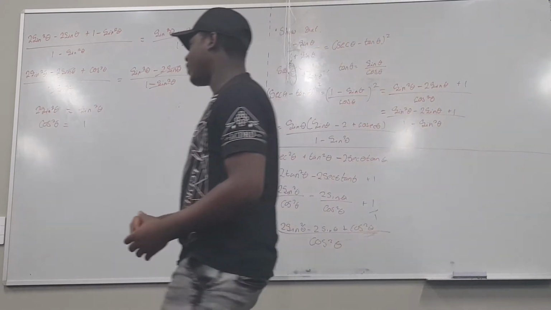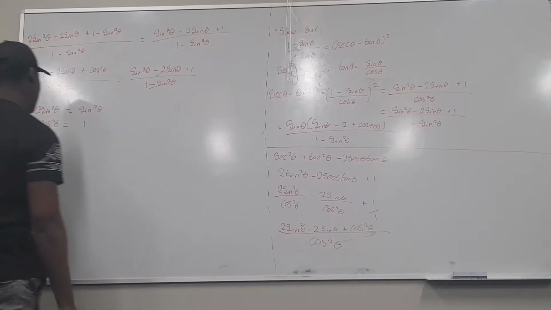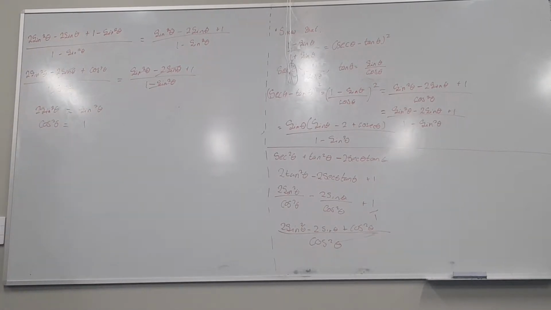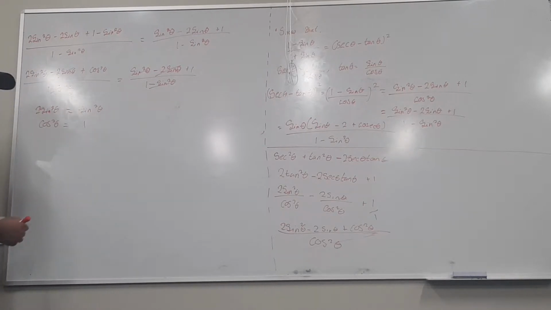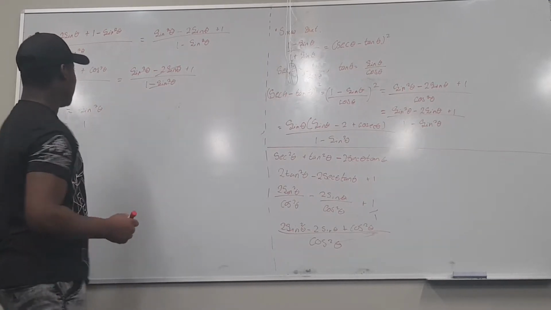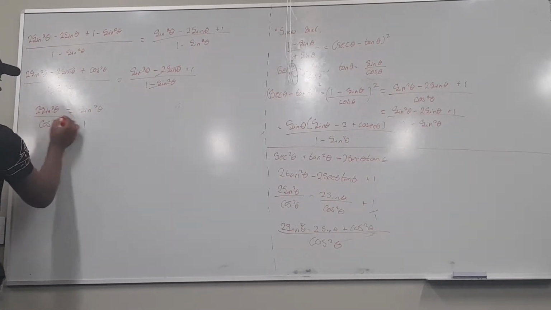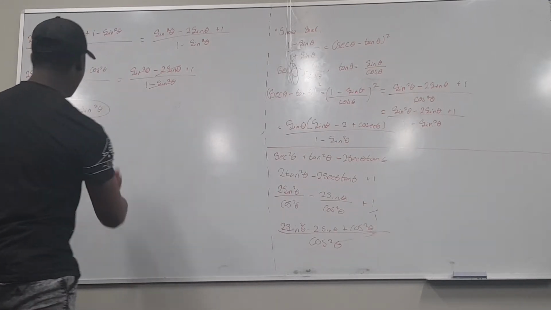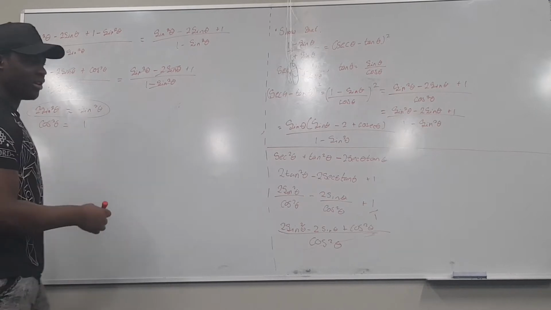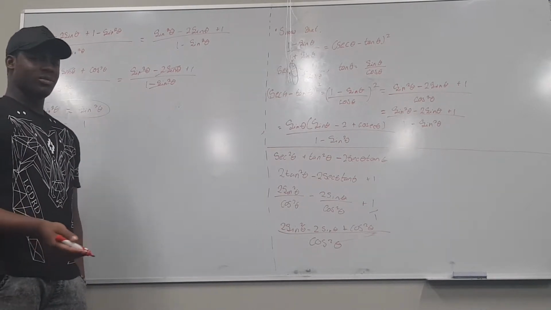How does it help you verify? See, ladies and gentlemen, 2 can never be equal to 1, okay? So it has to be a function of the angles that make this equation to be true. By that I mean you can't cancel this and cancel this and say 2 equals 1. It's not possible.